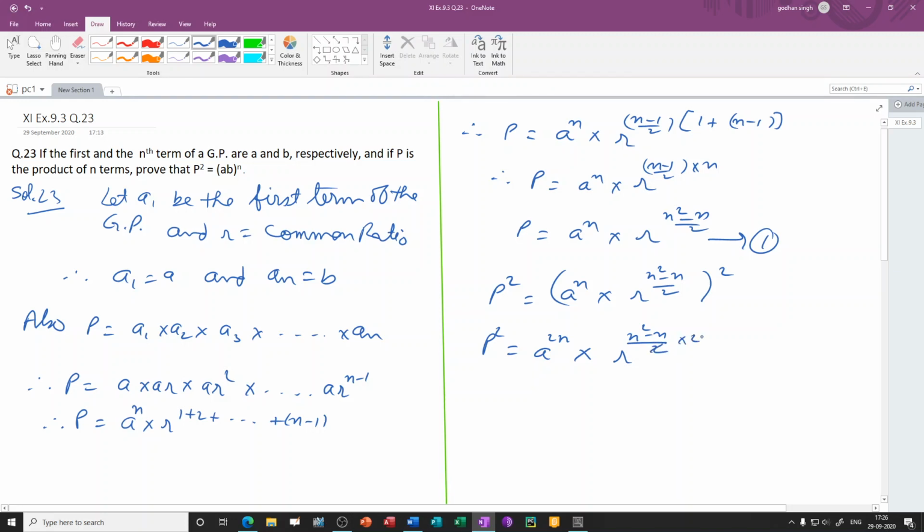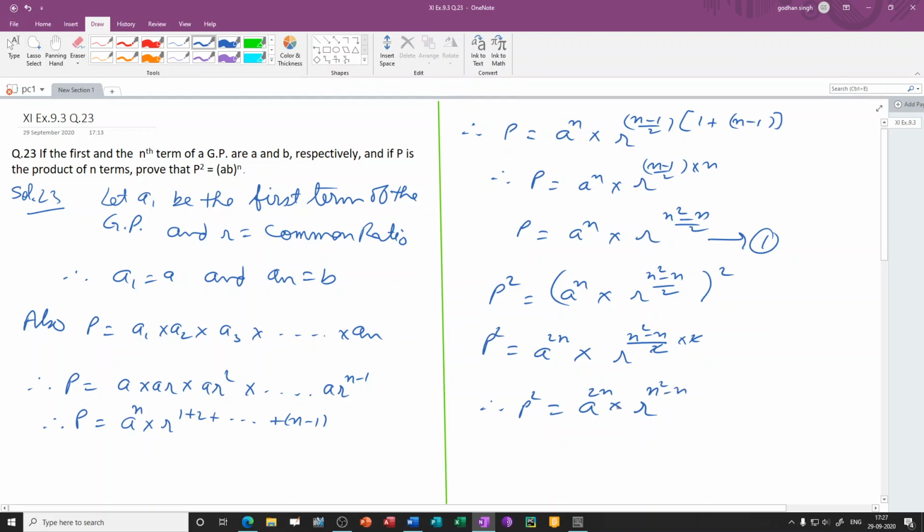The 2 and 2 cancel out, so P square equal to A raised to 2n into R raised to n square minus n only.